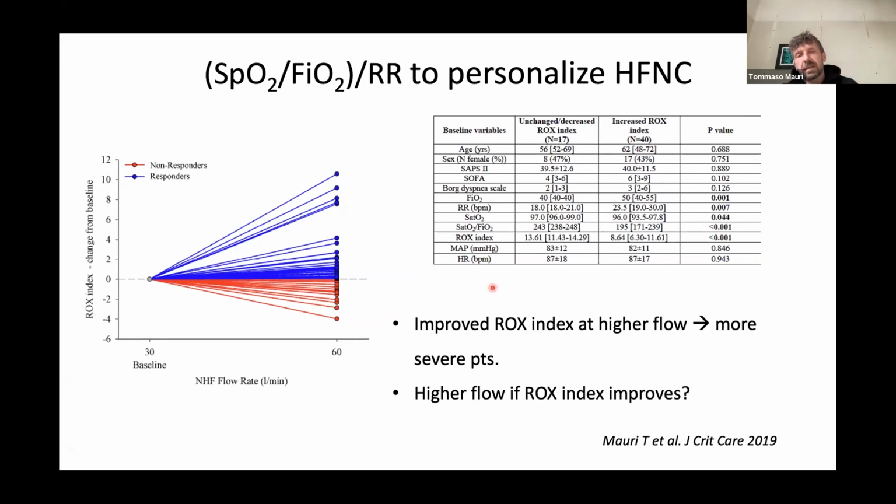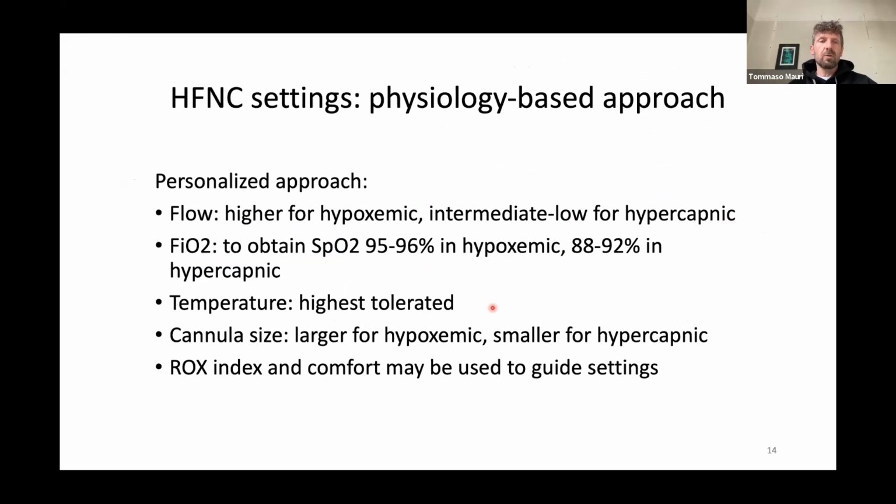So one index that is more related to the effort and the respiratory status is the ROX index. Otherwise, we also use comfort as a target variable to set. So to conclude this first more formal part, I would say that we need a personalized approach to set high flow.